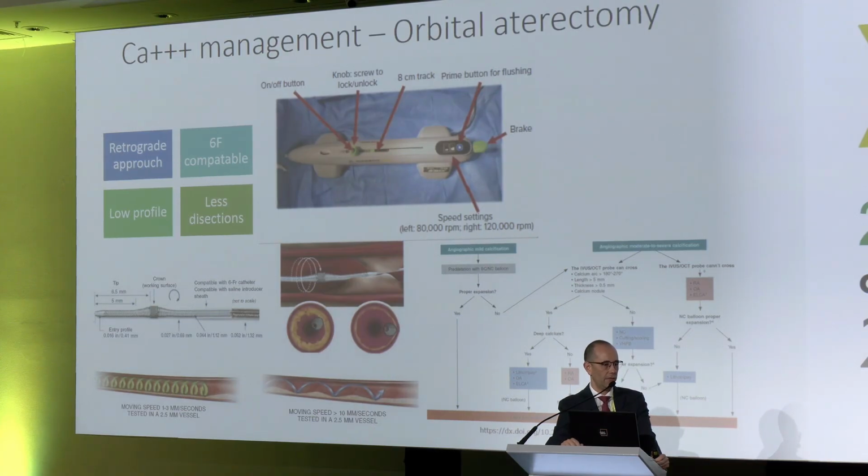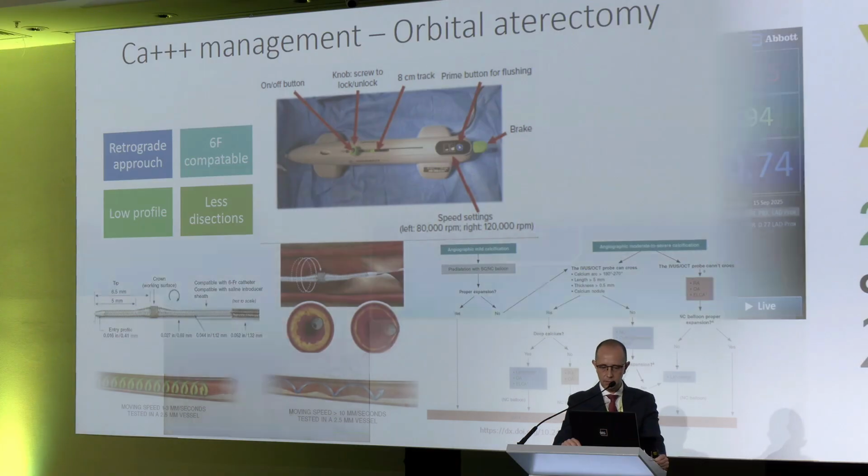We are very big fans of DCBs, and we have some cases with DCBs and rota and orbital atherectomy, and that's why we were thinking of less dissection, in order not to place so many stents in that patient. This is a 6 French compatible system that can go through a 6 French guide extension catheter, and it's very useful in tortuous vessels.